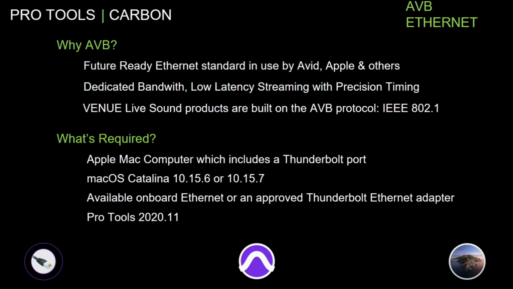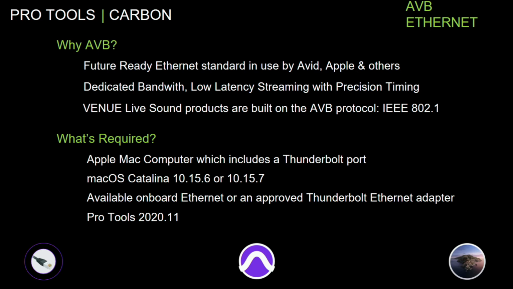It's also built into the Mac OS operating system. So Carbon requires an Apple Mac computer.